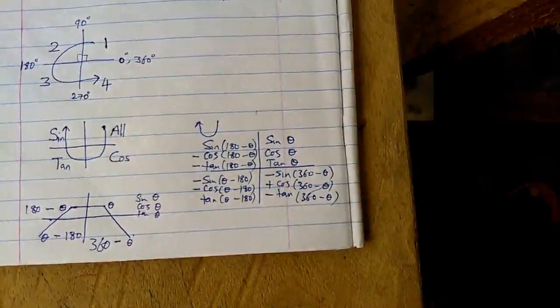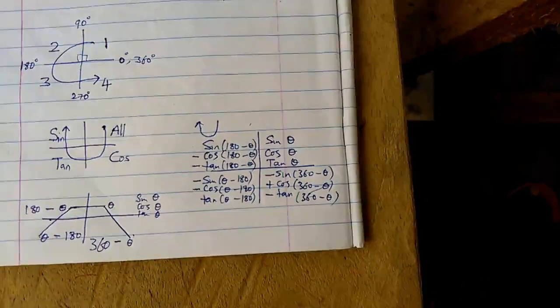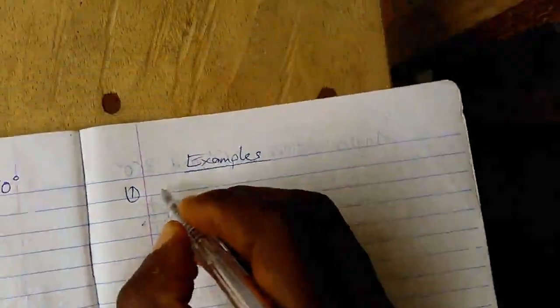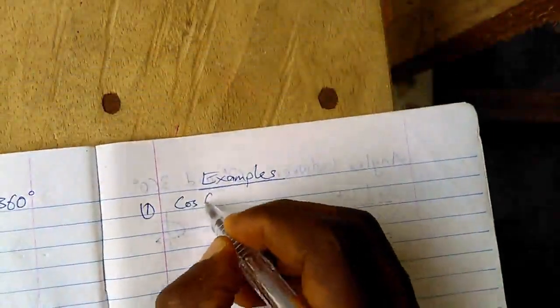Let's solve problems now. Okay, we want to have some examples. Let's start with the one in the first quadrant. I want to talk about cos 60.